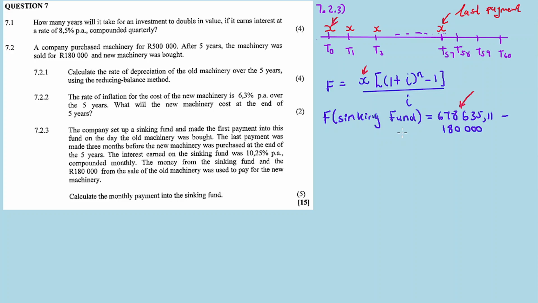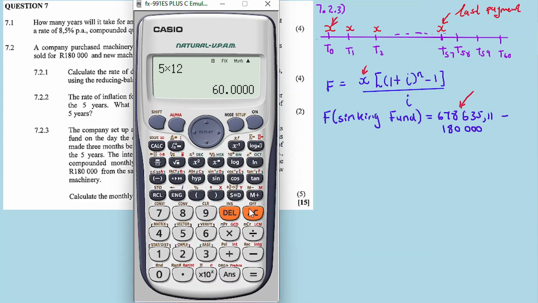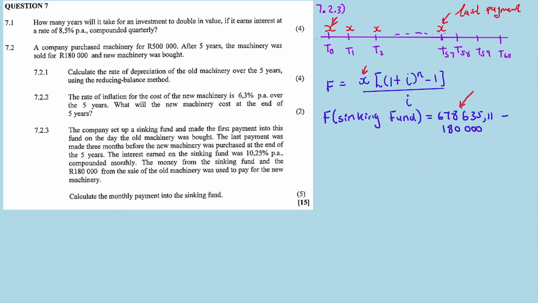This is the money I want to save so that I can afford this new machine after 5 years. So therefore 635.11 minus 180,123 is equal to 498,635.11. So now this is our answer.